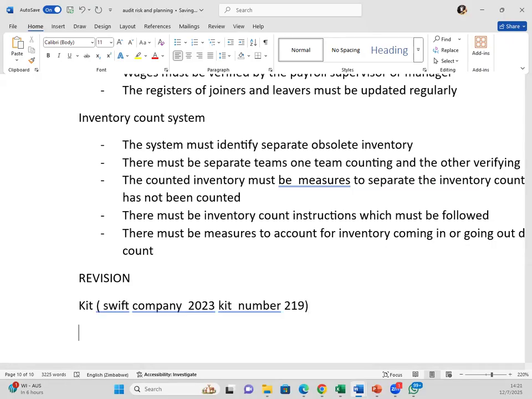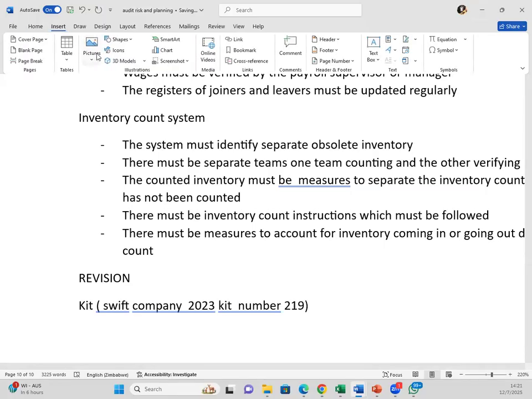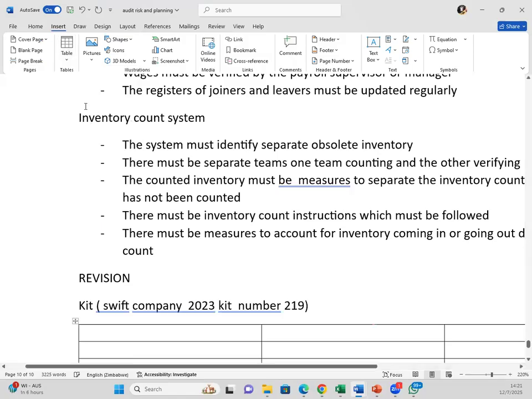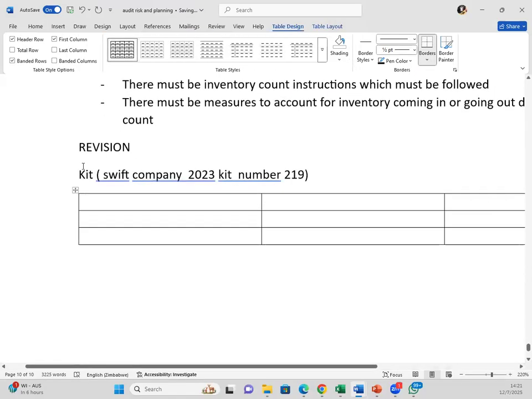In the first question, they've given us a table, and in this table, we have the narrative notes, we have flowchart diagrams, and we have questionnaires.